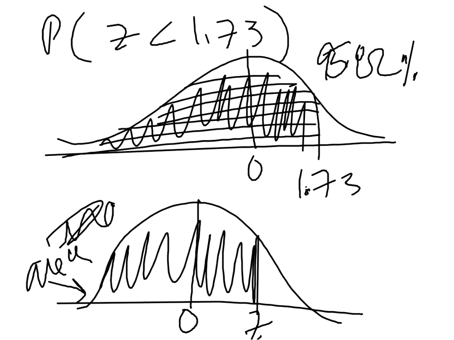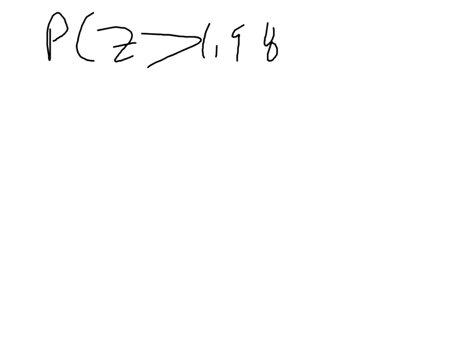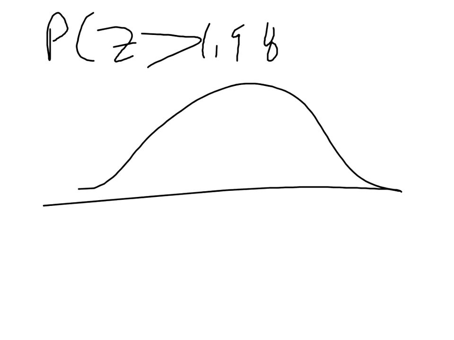Okay. So it's the third one that's a little different, and this is the probability that z is greater than 1.98. Okay, we're in that right tail now. Let's say that 1.98, we're about 2 standard deviations above the mean, and we're interested in this area right here.